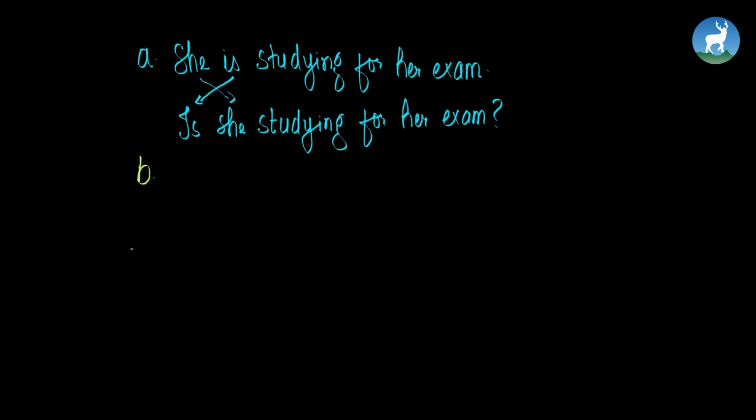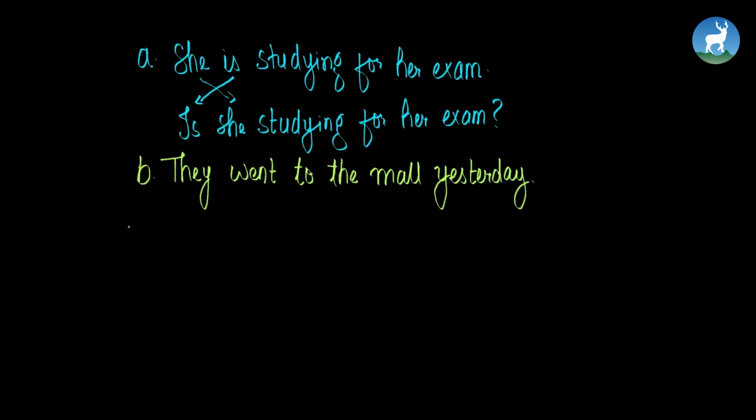Okay, let's go to another example. Example number B. They went to the mall yesterday. Now, how do you change it into yes or no question? See here, there's a hidden verb here, and that one is did. We have to discover that, okay? Now, what do we do? We just invert the subject and the hidden verb.